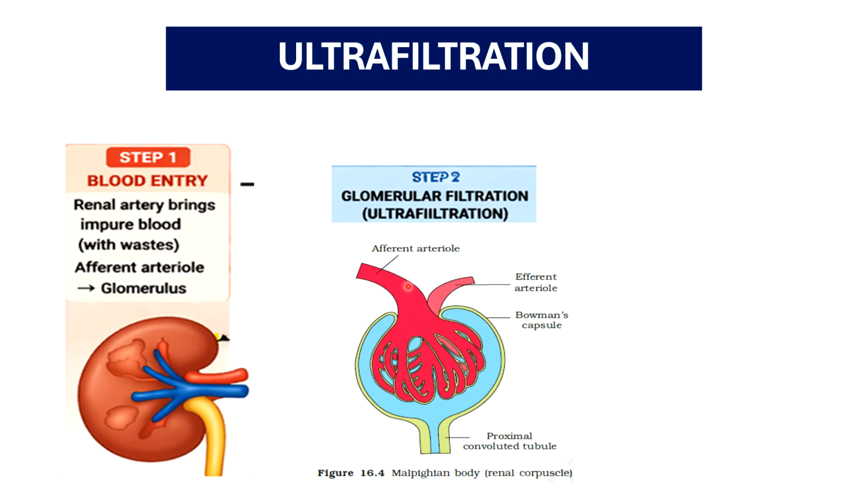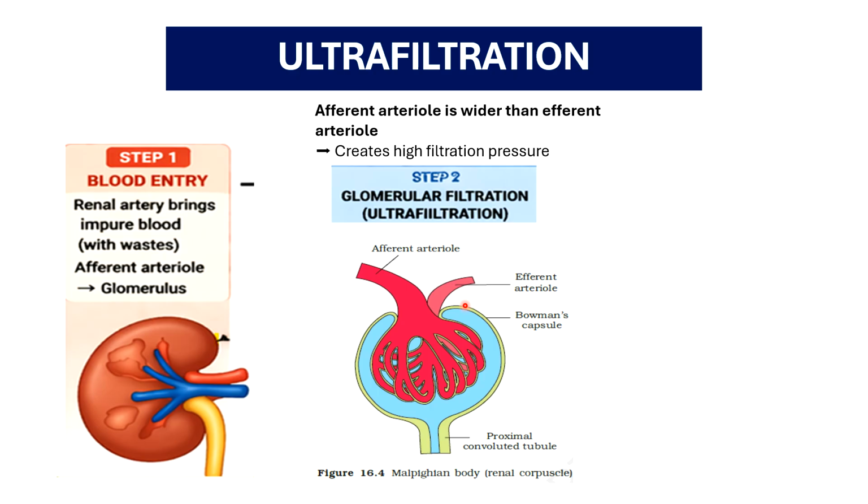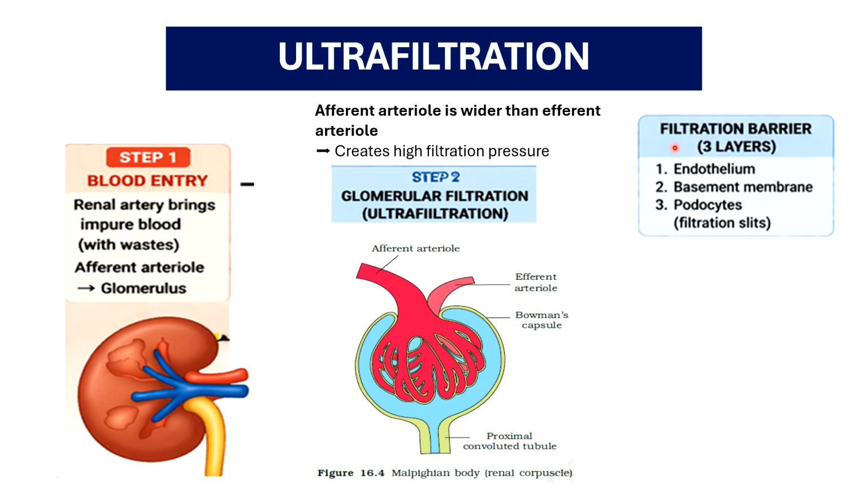If you notice carefully, the afferent arteriole is wider in diameter than the efferent arteriole. Now, this difference in the width of the afferent and efferent arteriole creates a pressure difference. This high filtration pressure causes the blood to pass through the filtration barrier that has three layers.